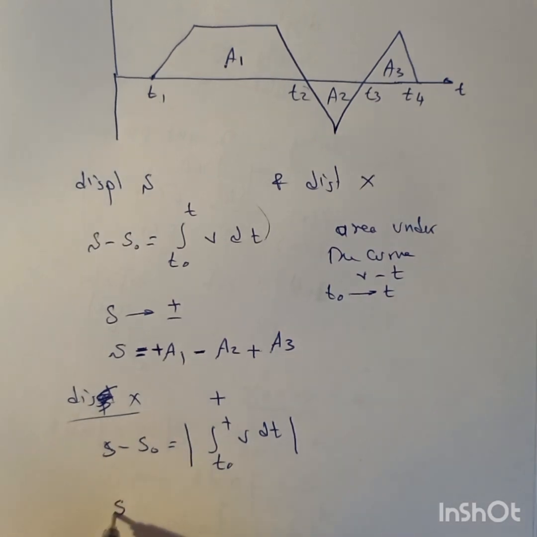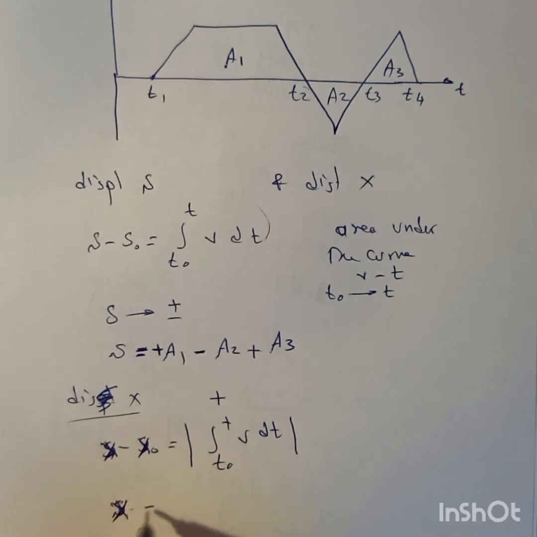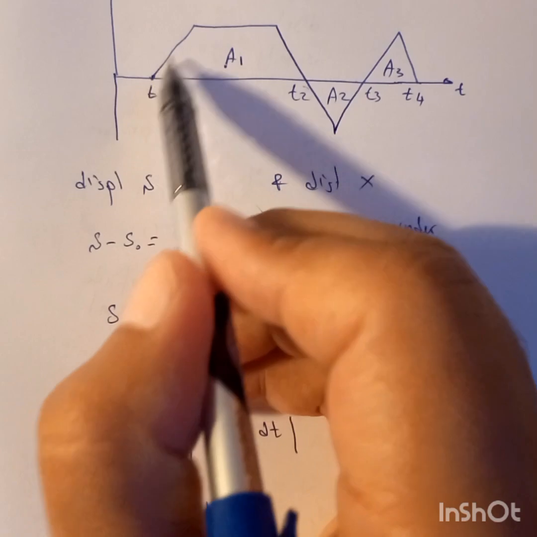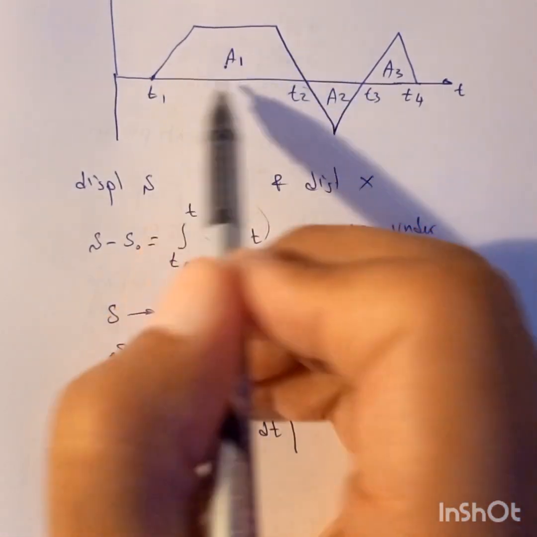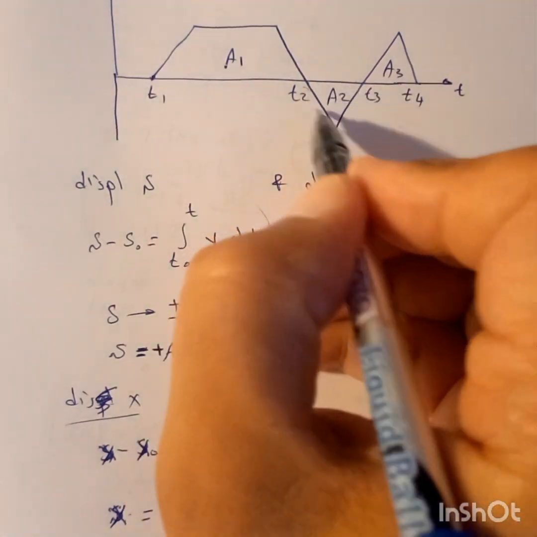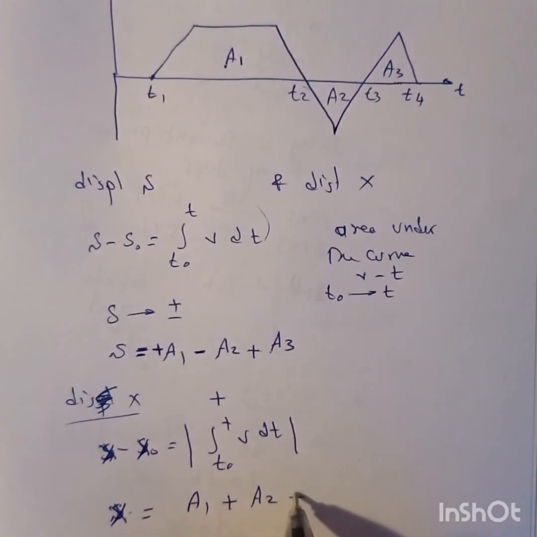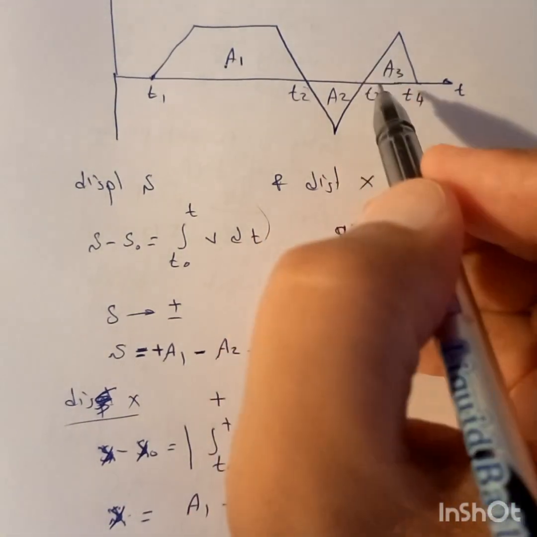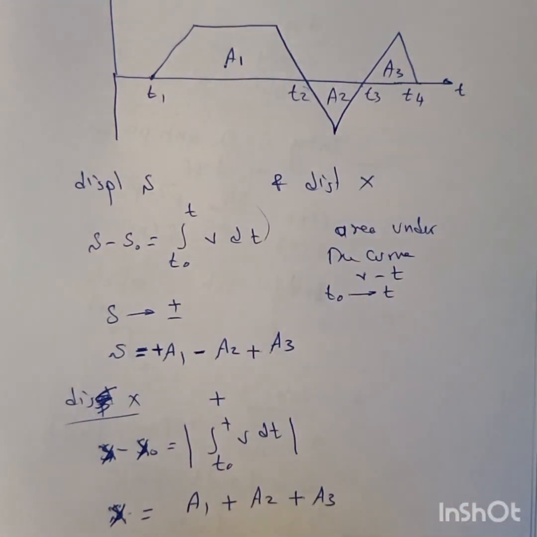Then we have here s, we can express it as x, equals distance, equals A1, the area under the curve during the time interval t1 to t2, and here in positive sign as we use modulus, plus A2, this area but in positive sign from t2 to t3, and adding A3, also the area of this triangle from t3 to t4 with positive sign as well.